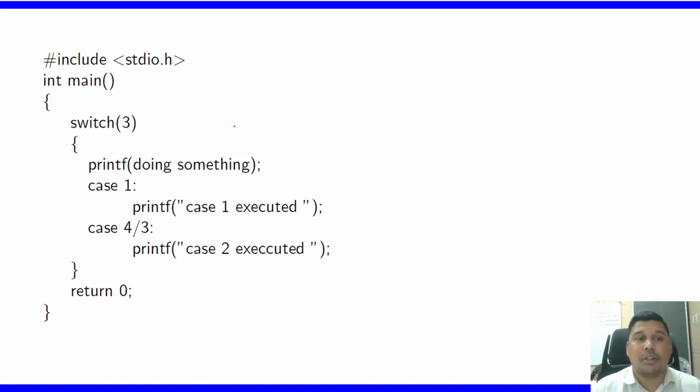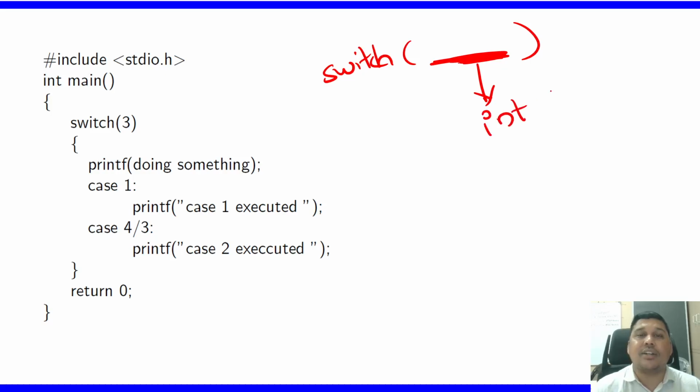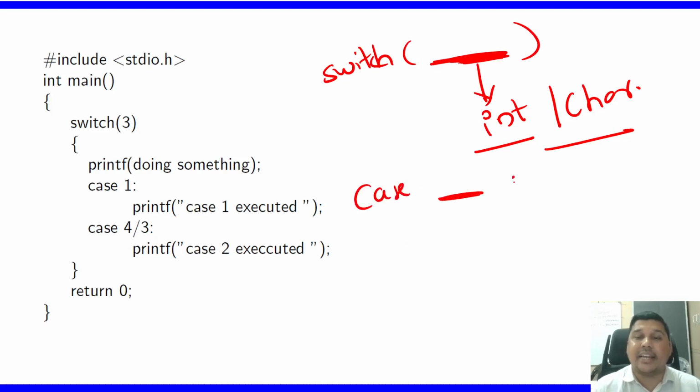Right, so this is about having 2 points here. We said that in switch case, I can have a condition or an expression here which will yield strictly an integer constant or a character constant. And also in case, when I write some expression, this should also yield an integer or a character constant.